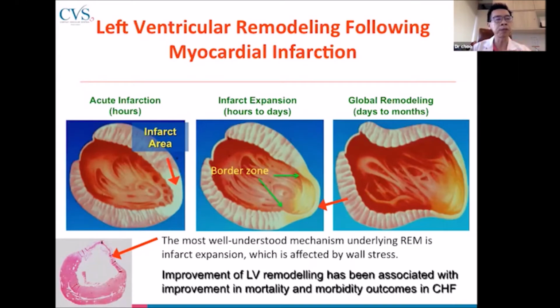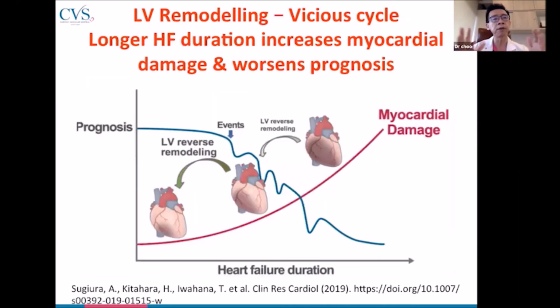There's apoptosis, there's inflammation, and so on. All these processes lead to a change in the configuration of the left ventricle, which becomes gradually more and more dilated and rounded rather than a conical shape. And this change in morphology is actually correlated with worsening heart function.